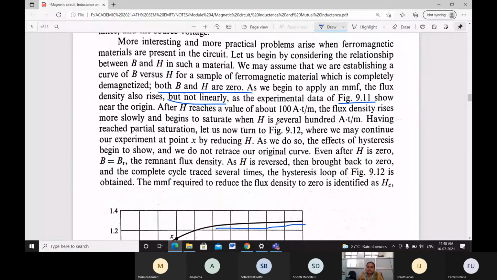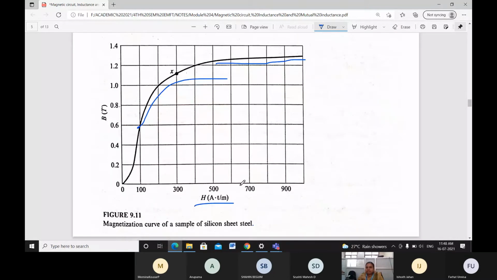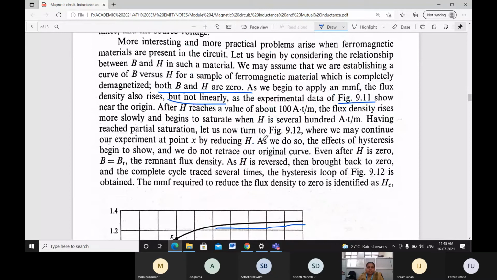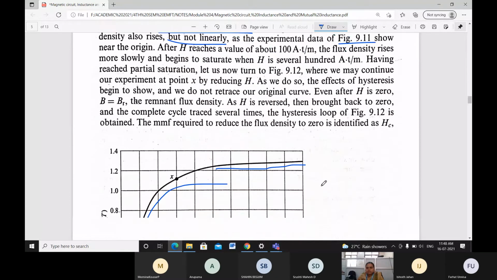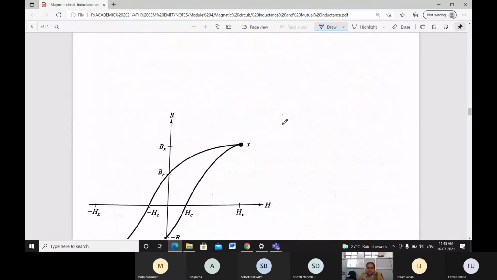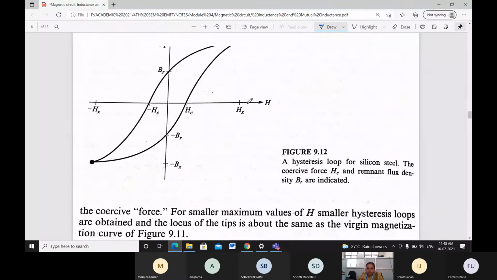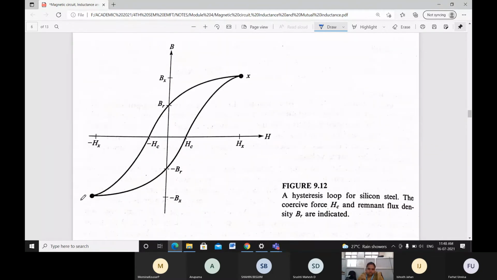It saturates when H is several hundreds of ampere turns per meter. Having reached practical saturation, what happens next? The figure shows the hysteresis loop. It goes on, reaches some point, and then comes back, suddenly dropping down.